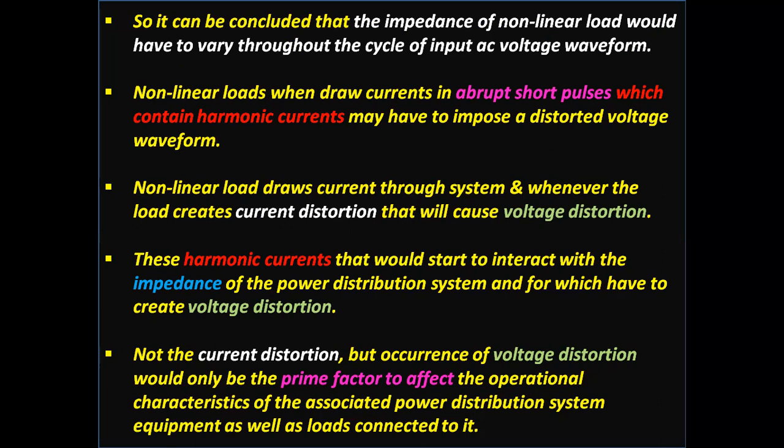Not the current distortion, but the occurrence of voltage distortion is the prime factor affecting the operational characteristics of the associated power distribution system equipment as well as loads connected to it.